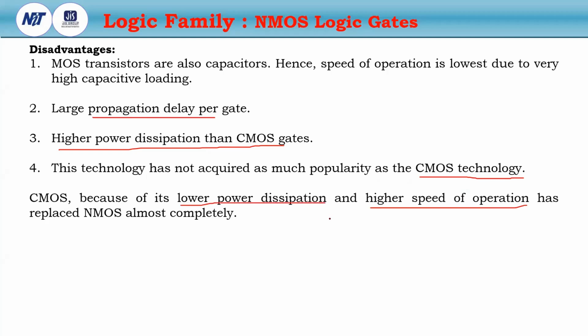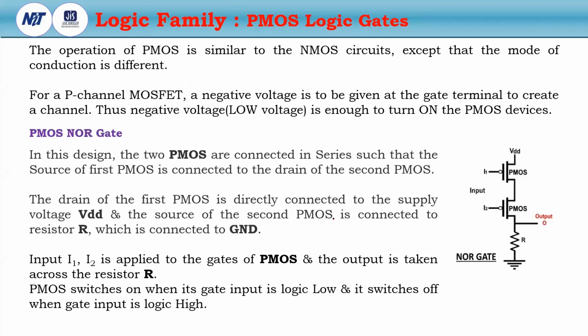Okay. So now come to the PMOS logic gates. So here the PMOS NOR gate, the PMOS are used as the load of the logic gates and the resistance is used at the driver. Okay. So the PMOS is connected with the VDD.